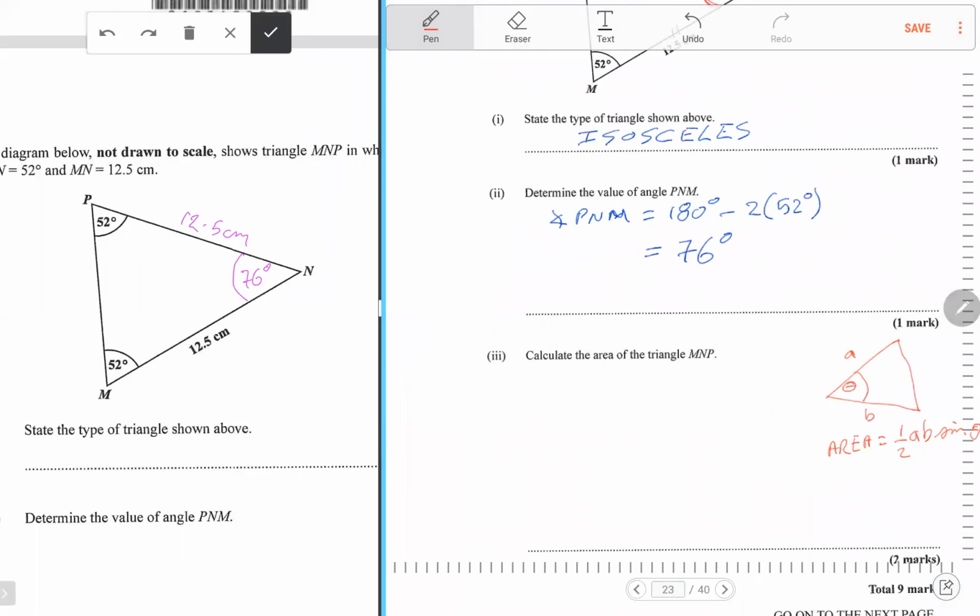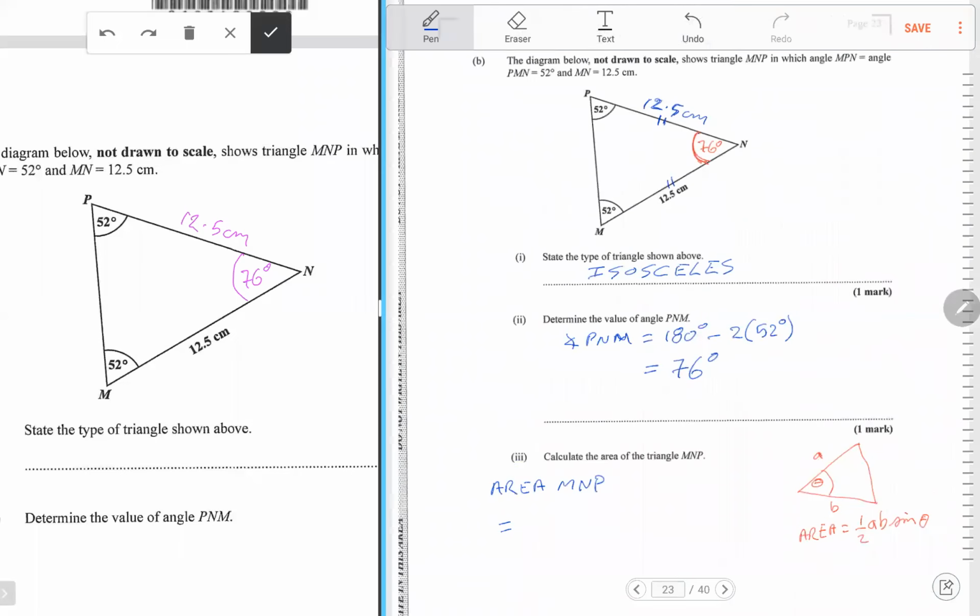Back to this question, the area of triangle MNP equals half, using these two sides and the angle between them, 12.5 times 12.5, which is 12.5 squared, times the sine of 76 degrees.